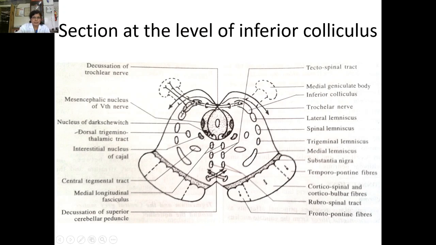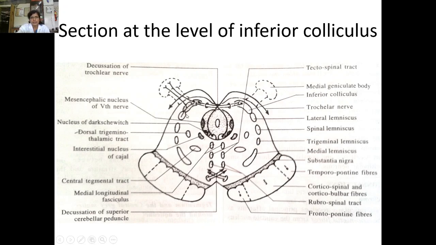Some fibers of the lateral lemniscus terminate in the inferior colliculus, and maximum fibers of the lateral lemniscus pass through the inferior brachium and terminate in the medial geniculate body, and from the medial geniculate body, they go to the auditory cortex for the perception of hearing.